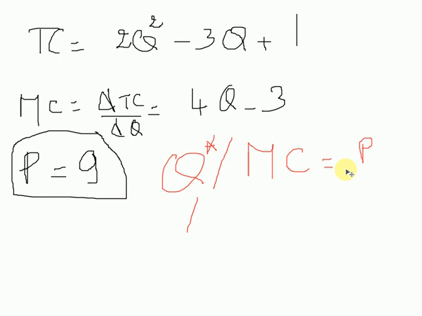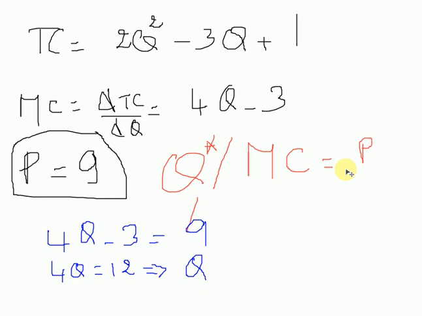So we apply the rule: 4Q minus 3 is equal to 9. So 4Q is equal to 12. So Q star is equal to 3. This is the quantity that maximizes our firm's profit.